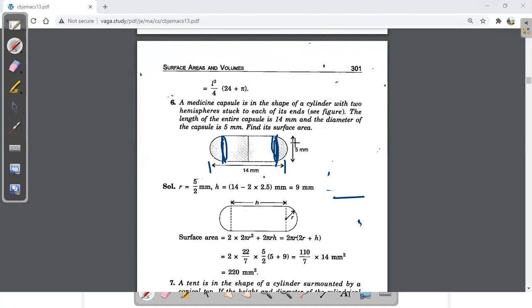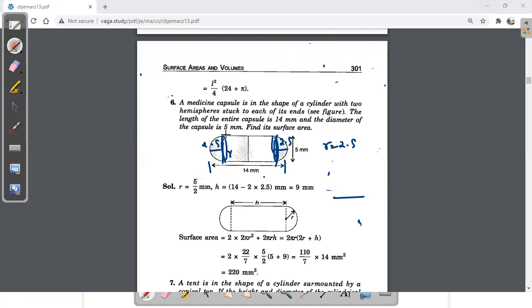See here, this portion is 5. That is the diameter of this is 5. So radius is going to be 2.5, isn't it? So this part is 2.5. This part is also 2.5. So if the radius is 2.5, I will subtract 2.5, 2.5. That is 5 from 14.